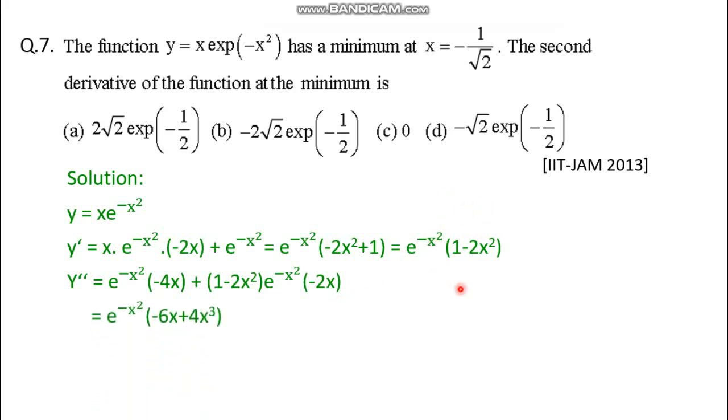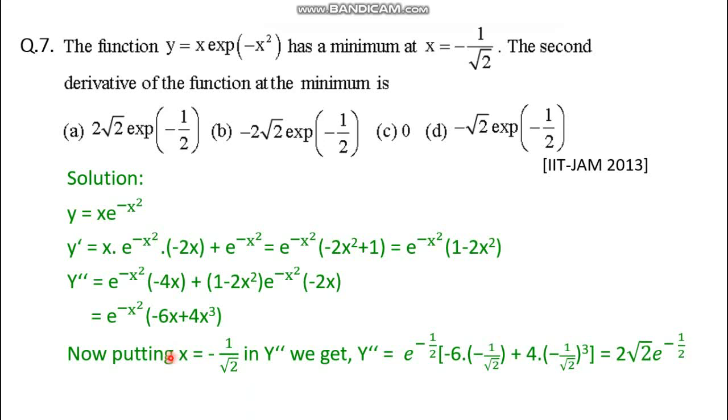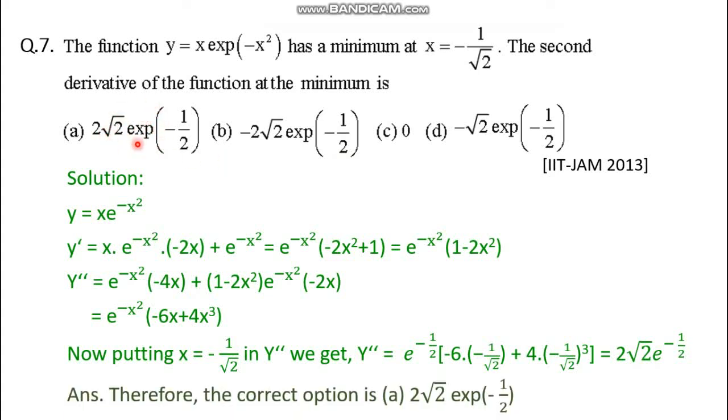So the value is this. Then put x equals minus 1 by root 2, and the value of this is 2 root 2 e to the power minus half. So the correct option is this one, option A.